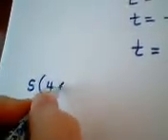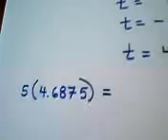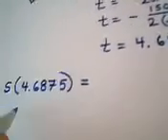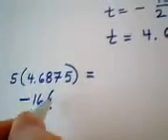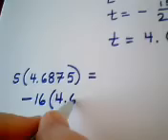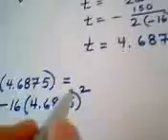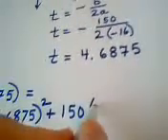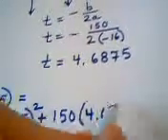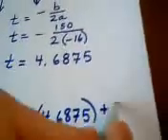I need to find s of 4.6875. And this is when we are very grateful for calculators, because we have to find negative 16 times the quantity 4.6875 squared plus 150 times the quantity 4.6875 plus 40.